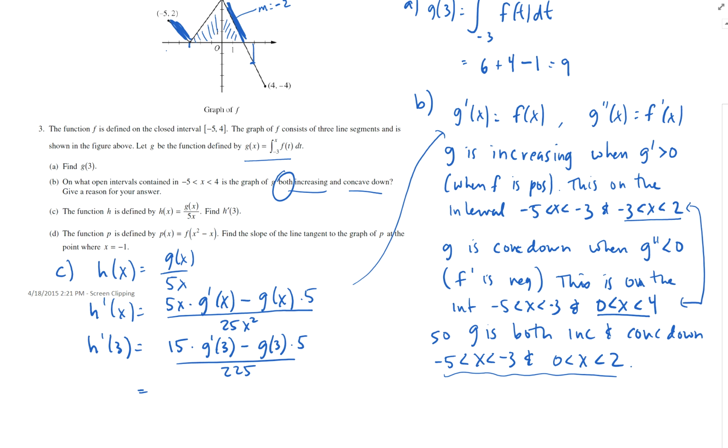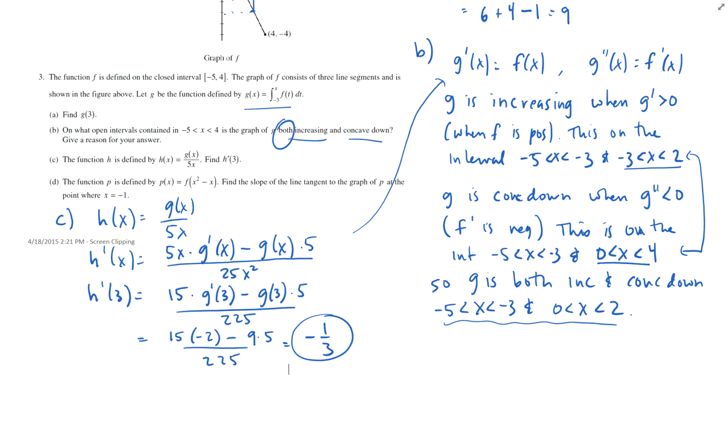So this is negative 2, right? So that slope's negative, 2 down. This would be 15 times negative 2 minus g of 3, which we did in part A, is 9 times 5, over 225. And if you simplify that, you get negative 1/3. Okay?